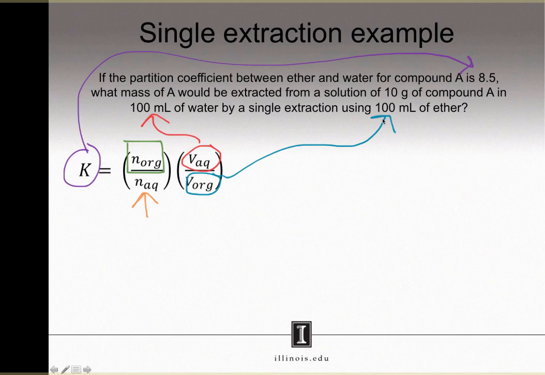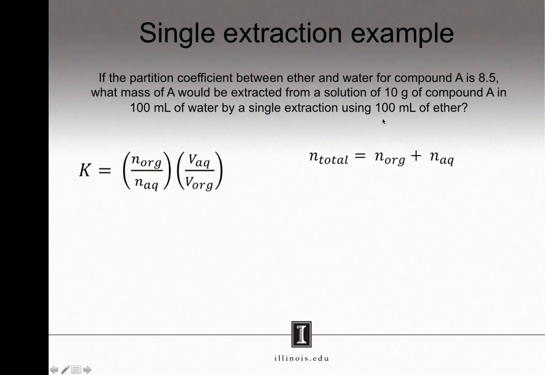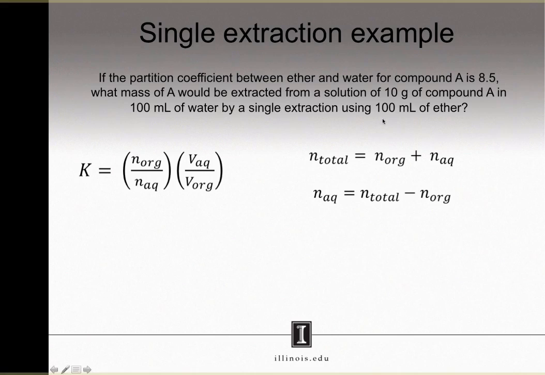Yes, I can, because I also know that the total amount of compound has to equal the amount in the organic layer plus the amount in the aqueous layer. So if I do some rearrangement, the amount in the aqueous layer is the total amount of compound minus the amount in the organic layer. And it turns out that I know the total amount of compound A, because that's given to me by the question.